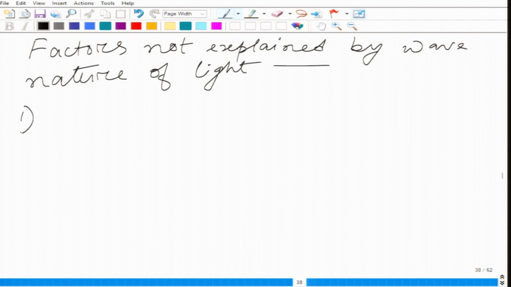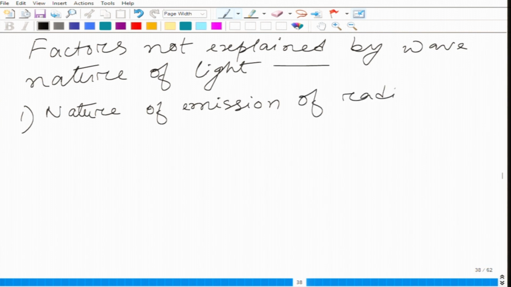The first one was the nature of emission of radiation from hot bodies.